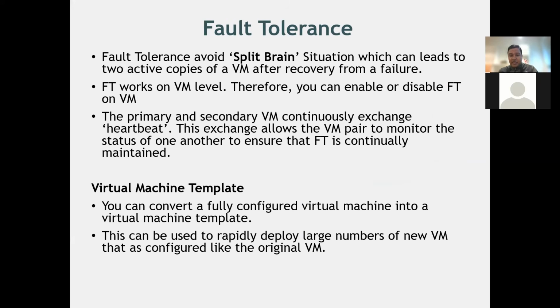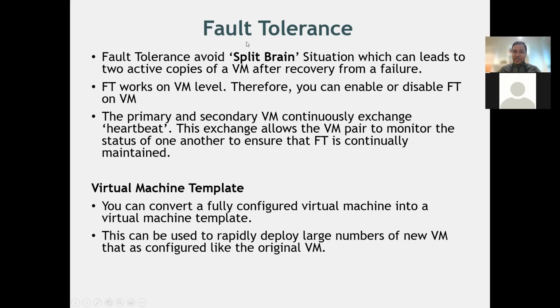But now we are talking about multiple VMs, right? There's a primary VM and there's a secondary VM. There can be another secondary VM. And if all the VMs start working together, fault tolerance avoids that situation. It is called split brain, when more than one VM is acting as a primary VM.